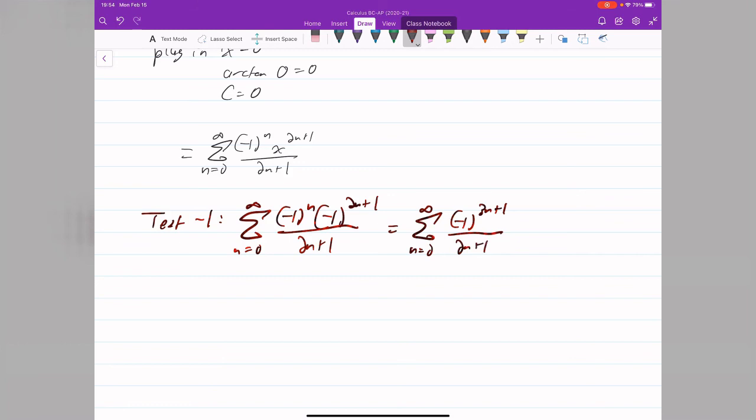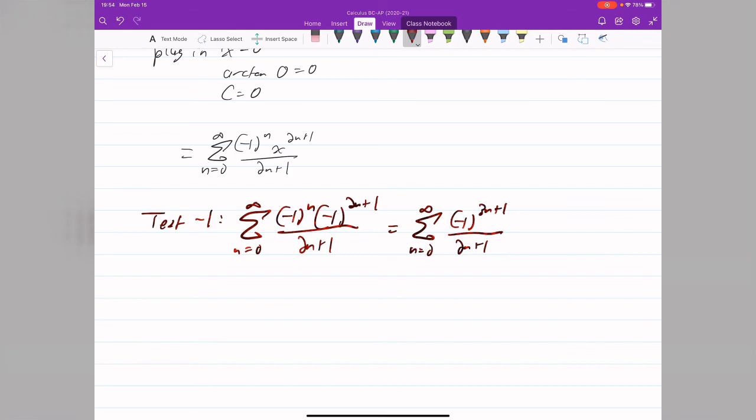So raising to the 3n plus 1, if I plug n equals 0, I get 1. If I plug n equals 1, I get an even. It's going to alternate between even, odd.